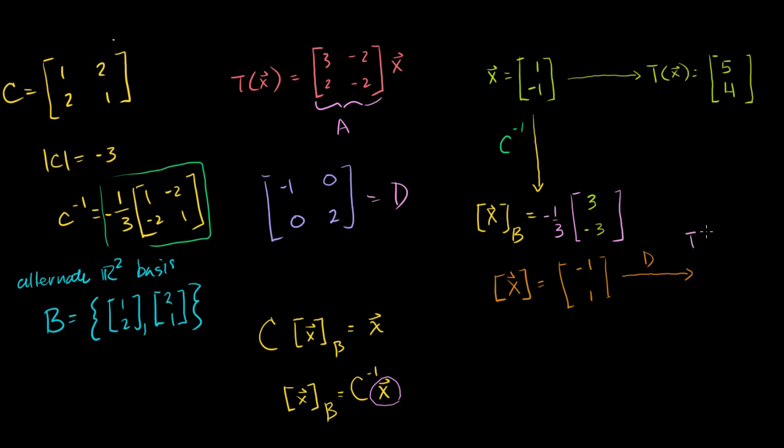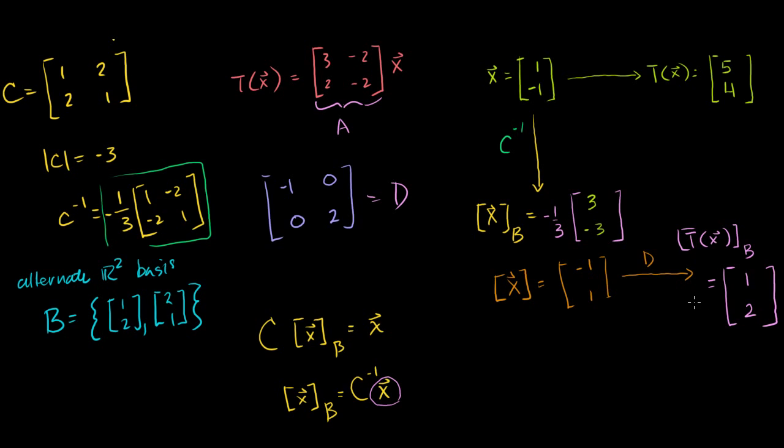This should be the transformation of x in B coordinates. So what is this going to be equal to? We have to multiply this times D. So it's going to be minus 1 times minus 1, which is 1, plus 0 times 1. So it's just 1. And then we're going to get 0 times minus 1 plus 2 times 1. So 2 times 1 is just 2.